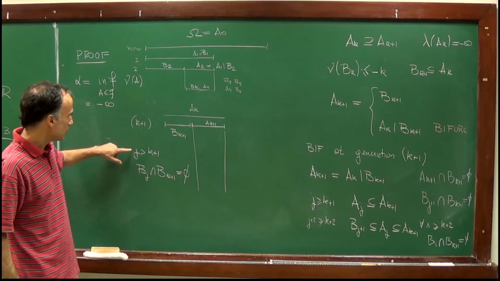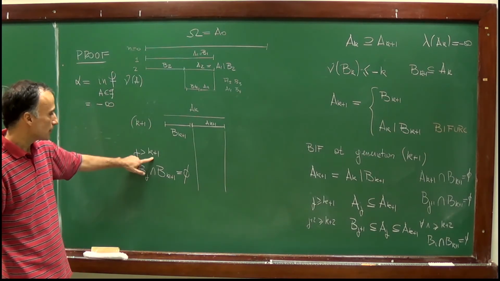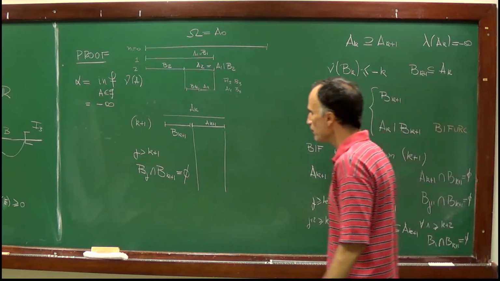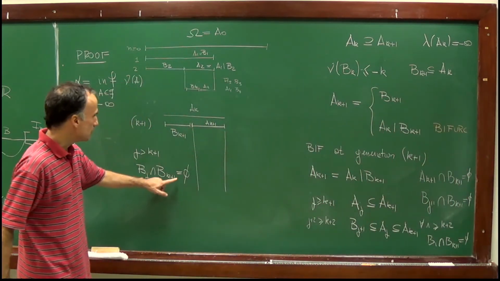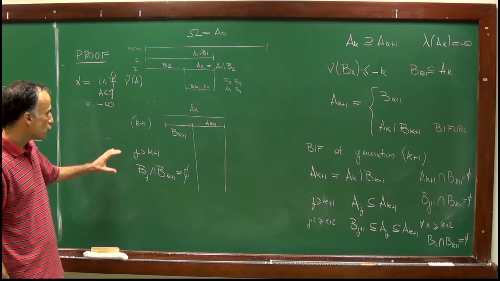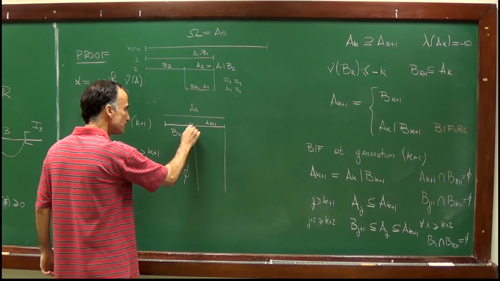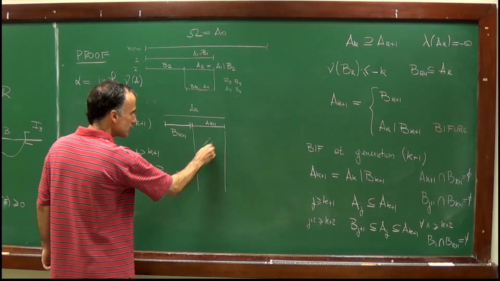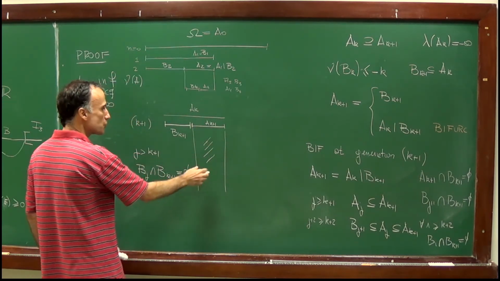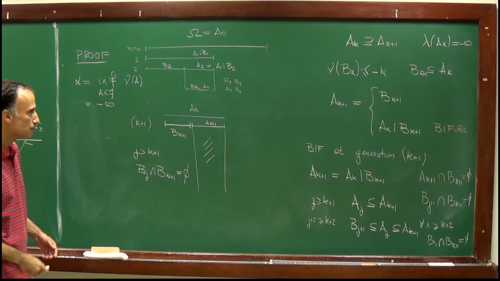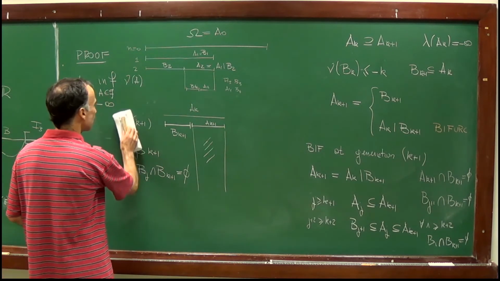For any j or i larger than k+1, which means i larger or equal than k+2, B_j intersection B_{k+1} is empty. So this means, let me insist on that, that once I have a bifurcation, all the next sets B_j are such that their intersection with B_{k+1} is empty. Okay.